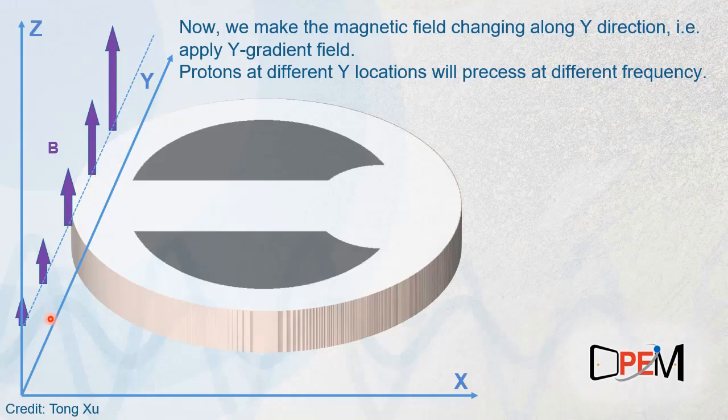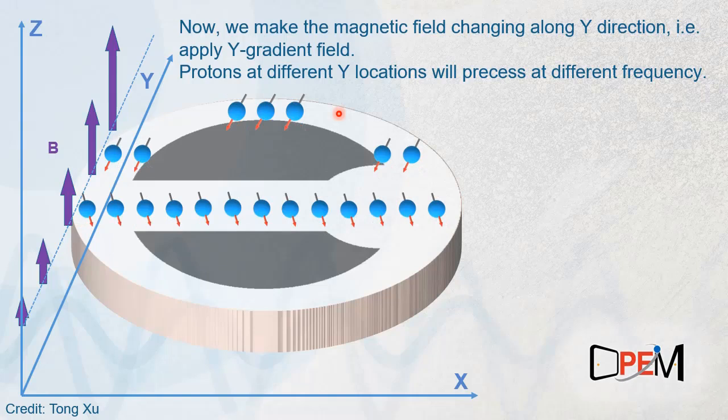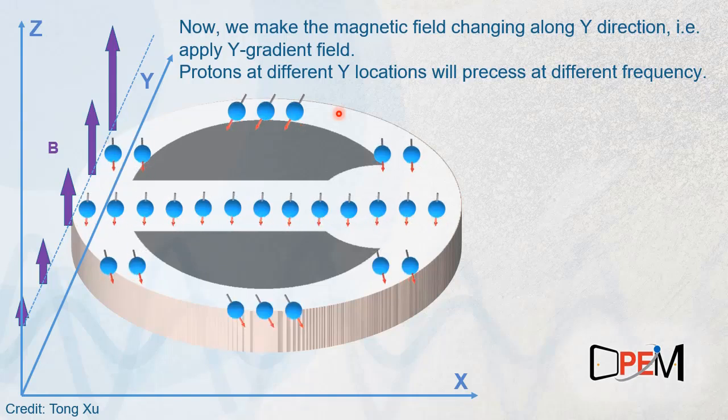With this new magnetic field setting, the protons at different y locations will precess at different frequencies. At this far end here we have the strongest field, so these protons precess the fastest, and then a little bit slower when we come in, and slower, and even slower at this end. So you can see the precessing frequency changes along the y direction because of the y gradient field.